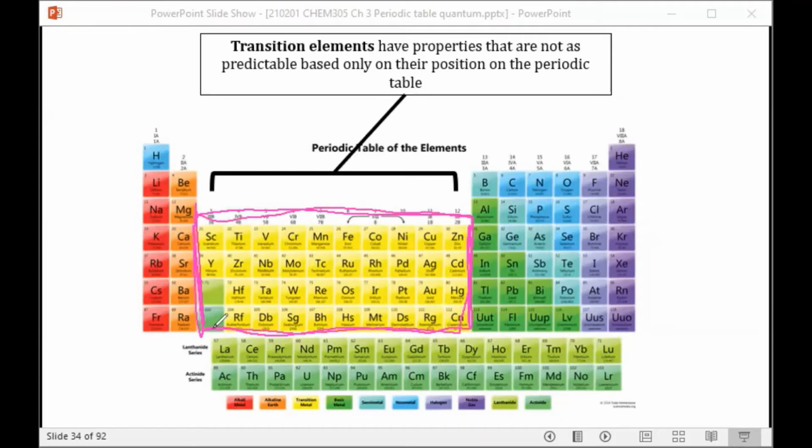For the elements in this part of the periodic table, it's not as easy to predict their properties just based on their position. You have to analyze them individually, one by one, to know what their properties are. Unlike the main group elements, where if you had no idea what some of the properties of bromine are, but you knew some of the properties of fluorine, you could guess many of the properties of bromine, because it's a main group element. But in the middle of the periodic table, with the transition elements, the properties aren't as predictable.